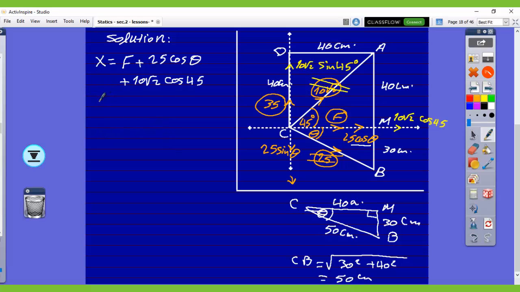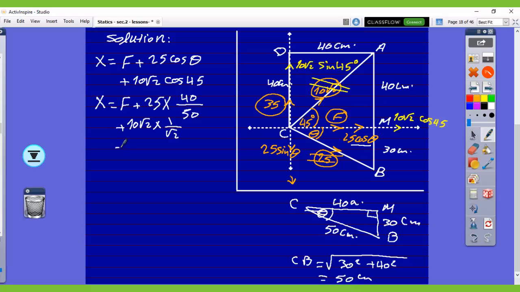So we can substitute and find x equals F plus 25 multiplied by cosine theta, 40 over 50, plus 10 root 2 cosine 45, which equals 1 over root 2. And we simplify.